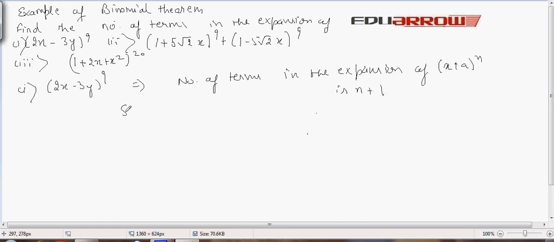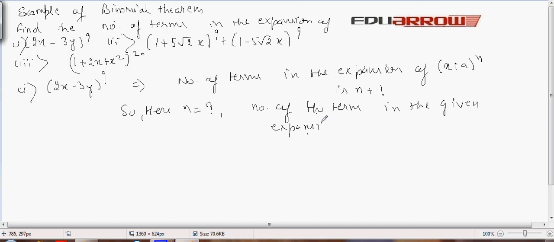So here n = 9, so the number of terms in the given expansion will be n + 1, that is 9 + 1 = 10. So this is the answer.